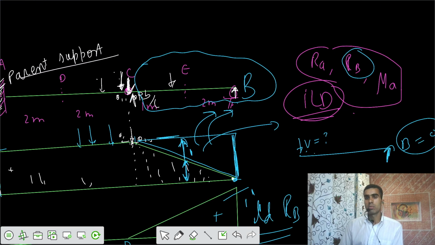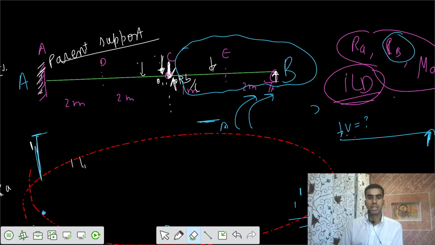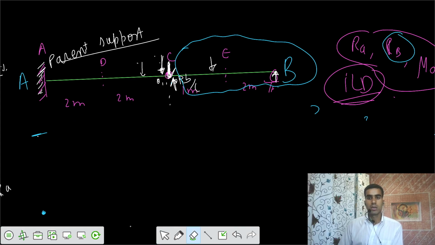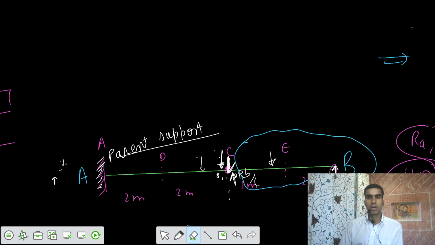Now the third one is the moment at A. We already saw the moment variation in one of the problems we took. If this was your cantilever beam and you applied load anywhere, I said that if the load was here, your moment at A would be 0, because 1 into 0 equals 0.